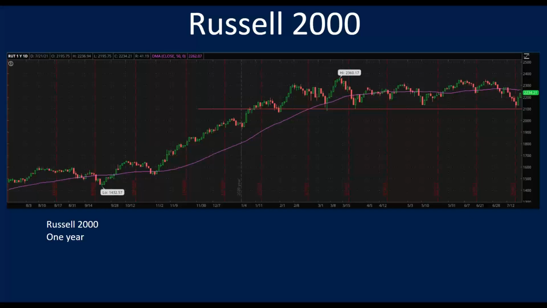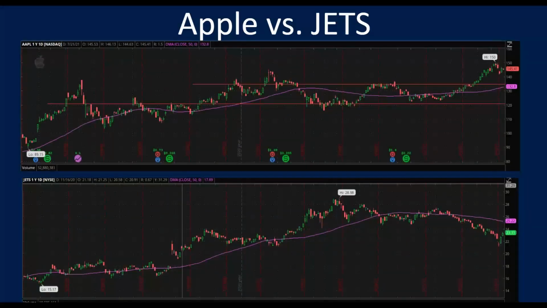But you can see it's been essentially flat since January. Up and down, up and down. I guess maybe the middle of March was the high, and it hasn't really done anything since then. So that's something interesting to watch that we'll talk about a little bit more on some of these other slides.